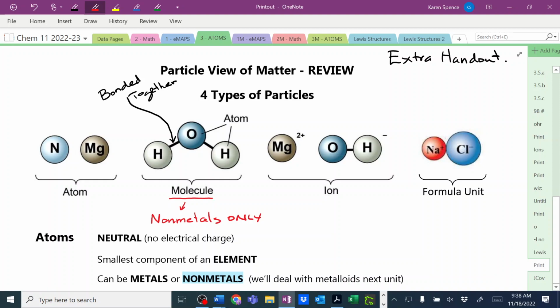We have ions, and you can recognize an ion by the fact that it has a charge.